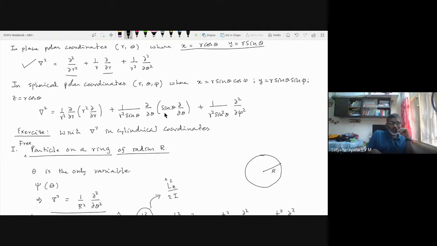Then you have another variable which also depends on r and theta. I think you will not gain any simplicity by doing this, because you have to calculate r sine theta and phi and r cos theta and other coordinates. So the same difficulty will be there.